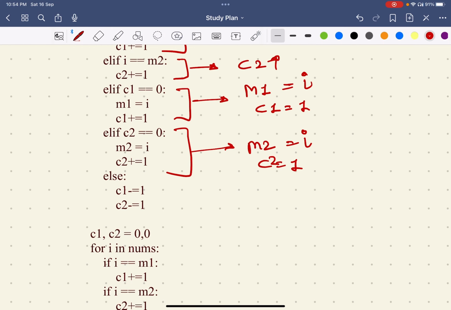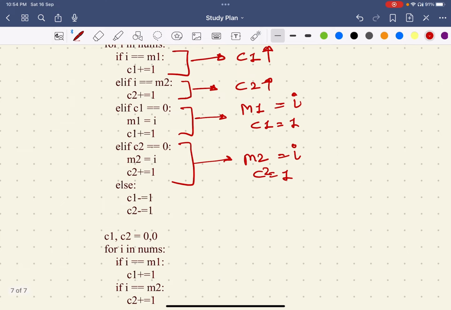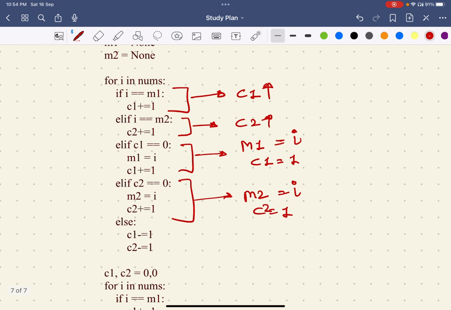If none of these conditions apply, let's suppose I have found an element which is not equal to majority element 1 and not equal to majority element 2, and the occurrences of majority element 1 and majority element 2 are already not equal to 0.